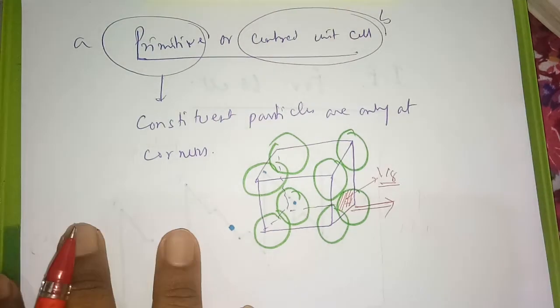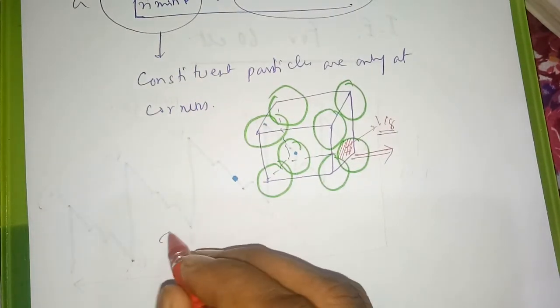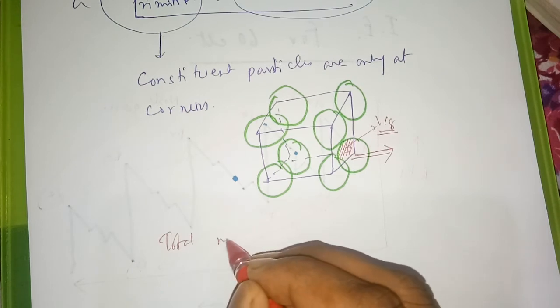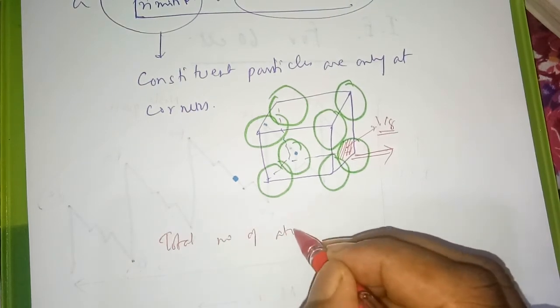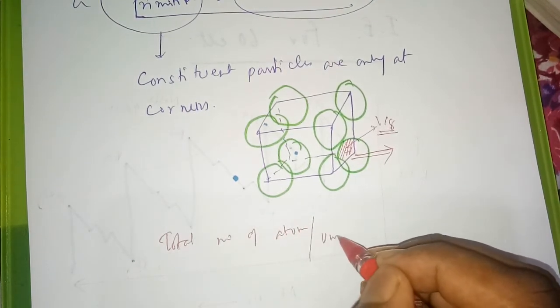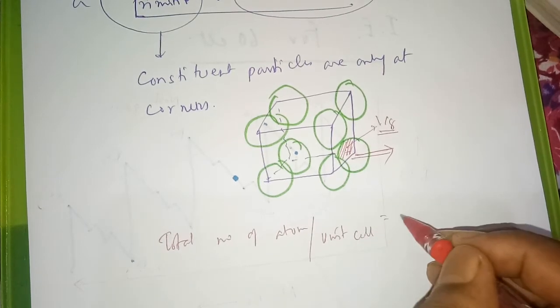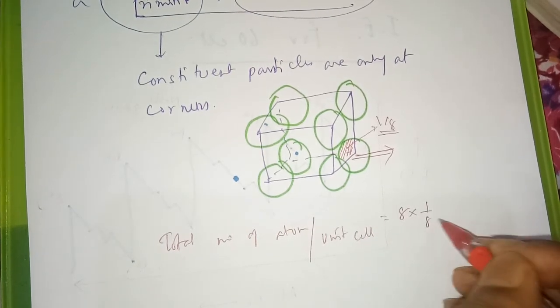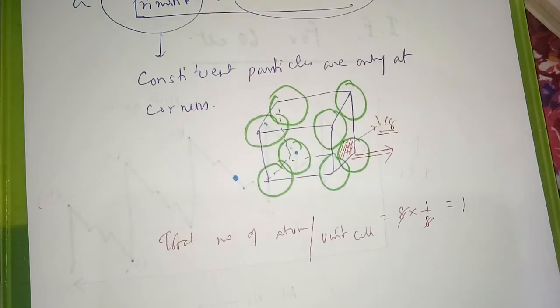So like that you can tell that the total number of atoms per unit cell is 8 into 1 by 8, equal to 1. So in case of a primitive unit cell, the total number of atoms per unit cell is 1.